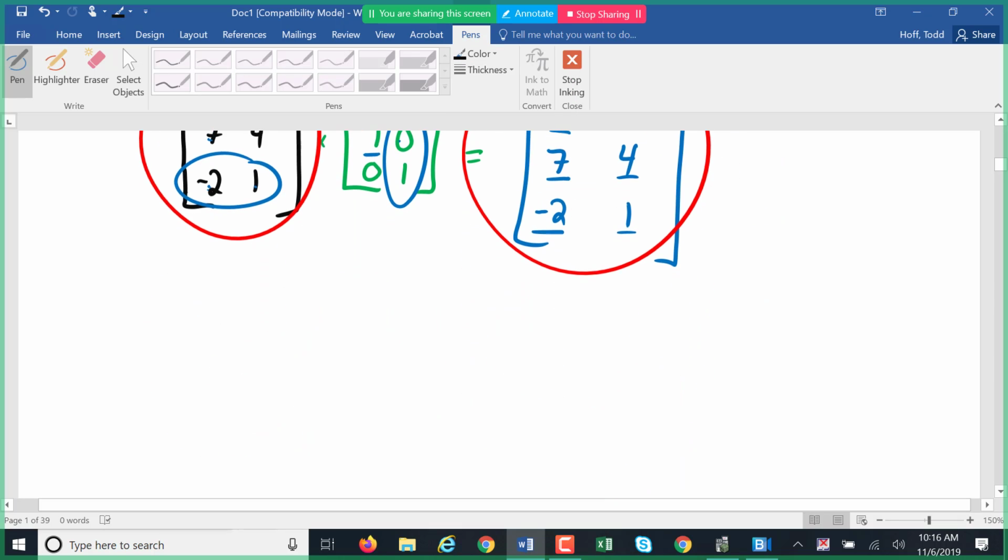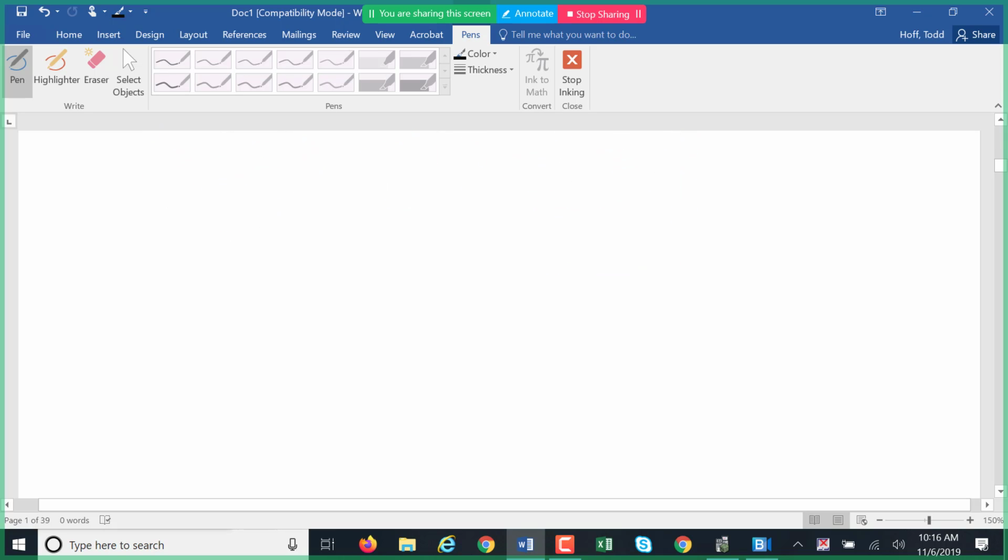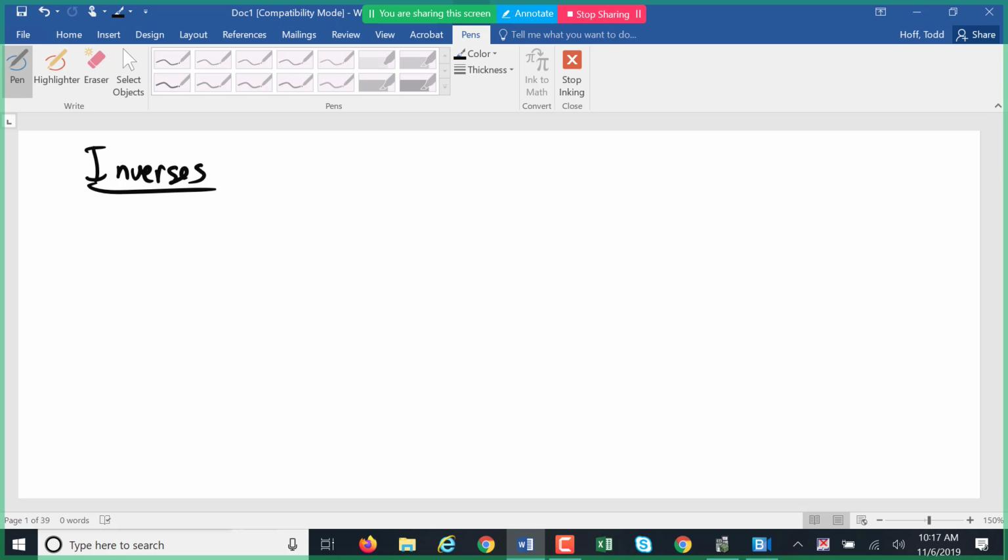Let's talk about inverses. Inverses in our other operations got us back to what we started with, undid what we had done. A number times its inverse element gives us back the identity element.